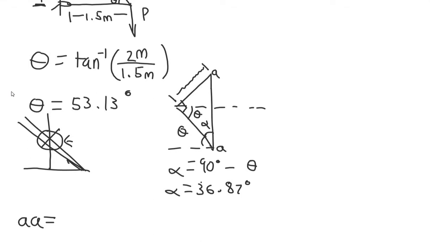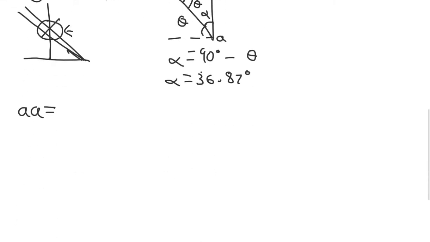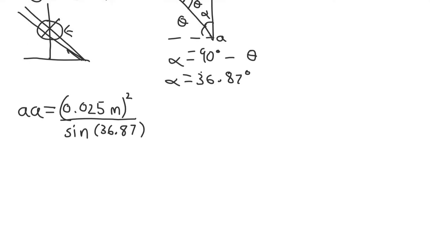By using trig, we can find that the area of AA is equal to 0.025 meters squared over sine alpha, which is equal to 1.0417 times 10 to the negative 3 meters squared.